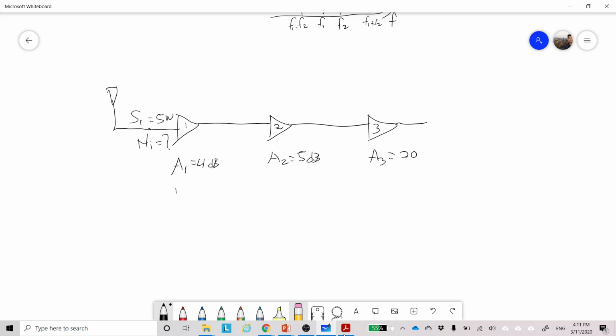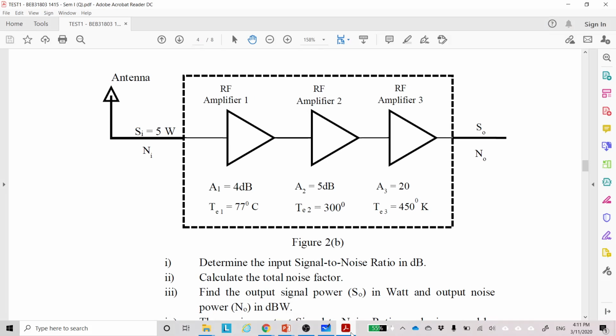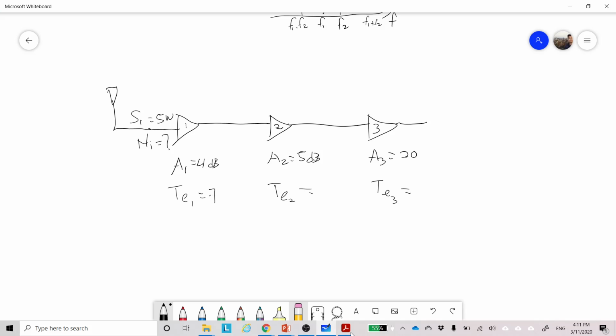So you diberikan TE1, TE2, TE3. Ini adalah 77, 300, 450. Ini 300K dan 450K.